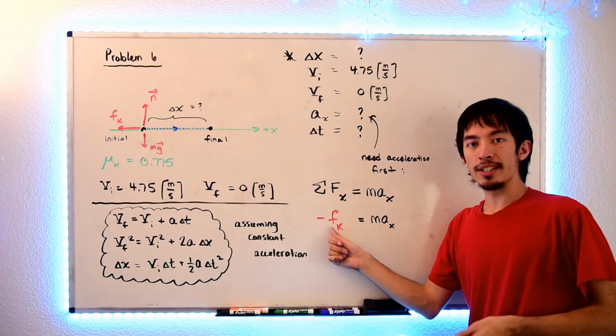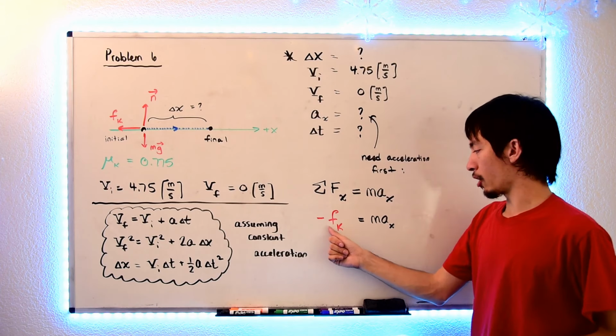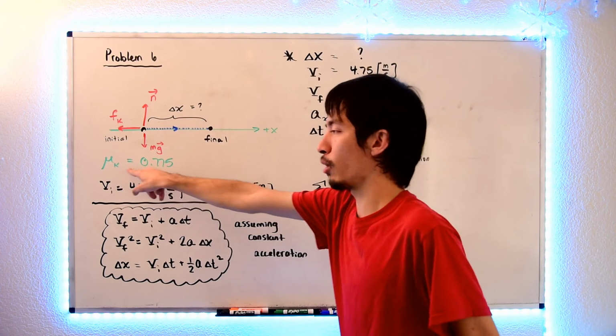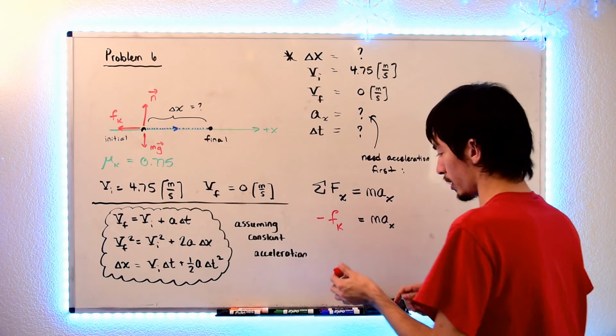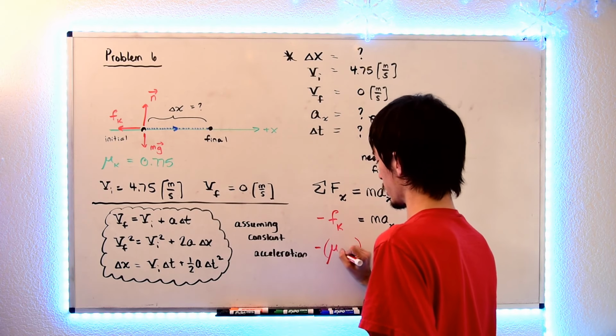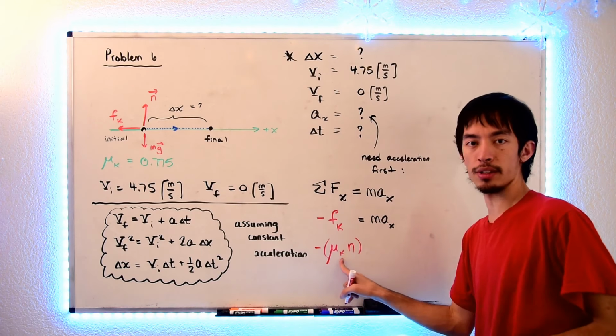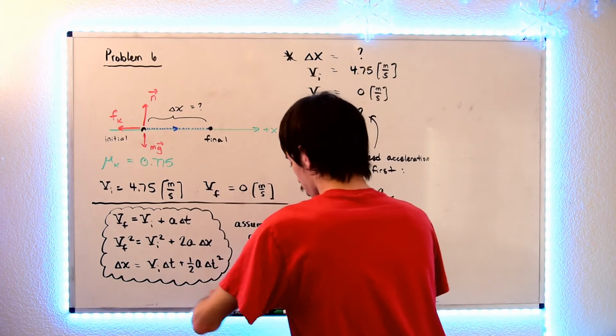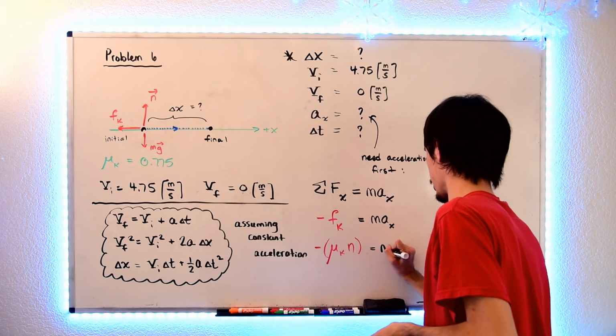The friction does have an equation that you can write out, because we're not given the friction force, we're only given the coefficient. So we need to plug in the equation for friction, which is the coefficient times the normal force. That's still equal to the right side, which is mass times acceleration.